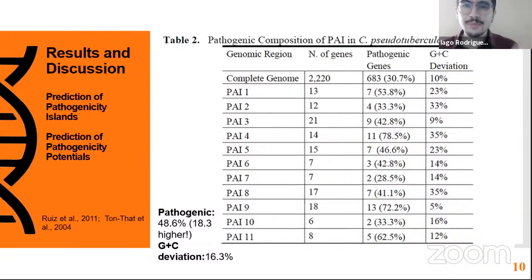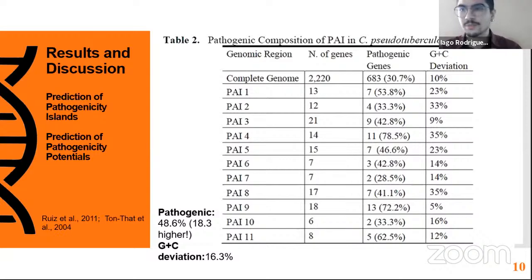So about 30% of these genes, or 683, were predicted to be related with pathogenic function by both employed approaches. We used the methodology of prediction of pathogenicity using the tool MP3, which resorts to the approaches SVM, support vector machine, and HMM, hidden Markov model.